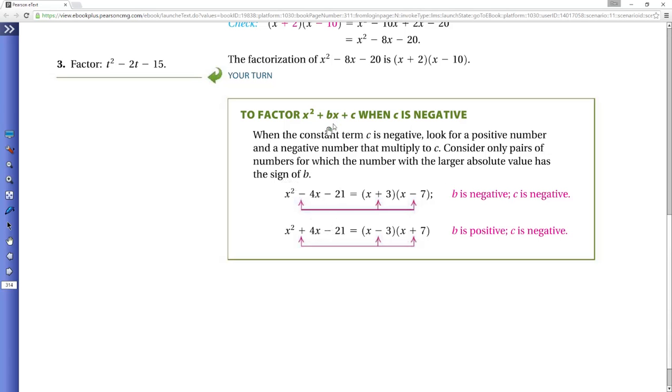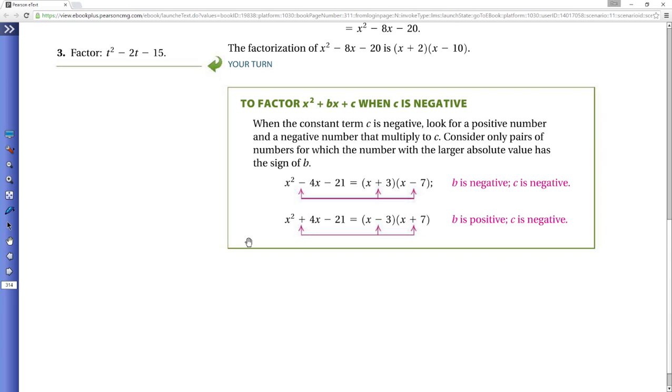Now b is the coefficient for that middle term. In other words, if the sign is negative, we look for the larger absolute value, the one that's farthest from 0, being negative. If b is positive, the one that's farthest from 0 would be positive, and so on. And that'll save you steps and math checking, all that kind of stuff.